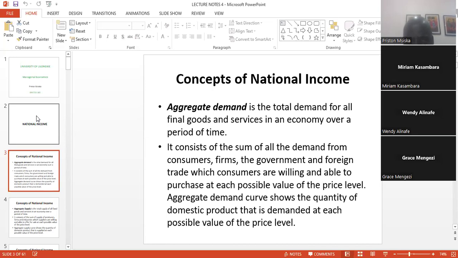All of us will indicate how much we are demanding of maize or of beans or whatever. And then we have a price, for example, for maize at a national level. And that price is found by finding the intersection between demand and supply.